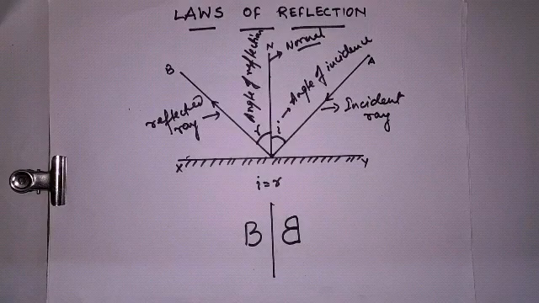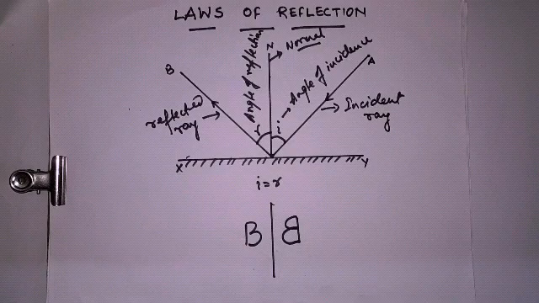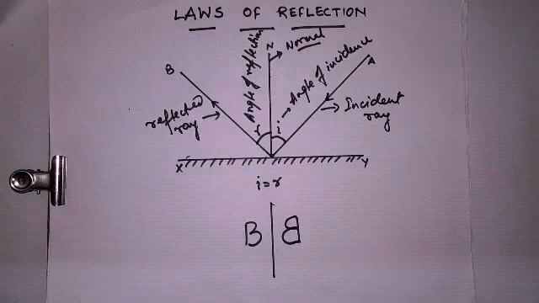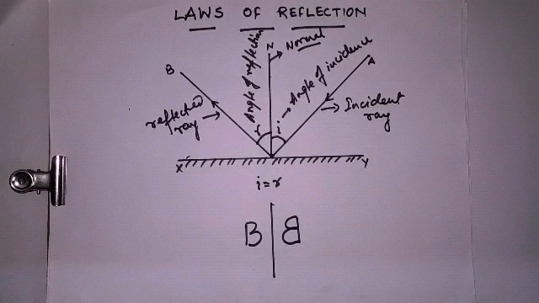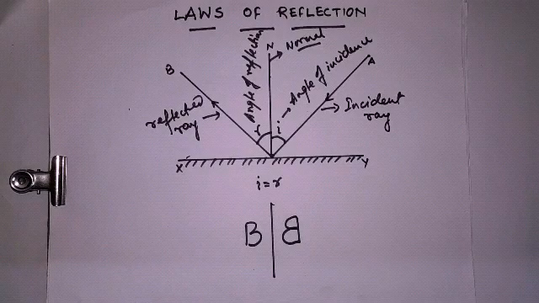Now let us see the effect of rotation of a plane mirror on the reflected ray. For a given incident ray, if a mirror is rotated through an angle theta, the reflected ray rotates through double the angle.